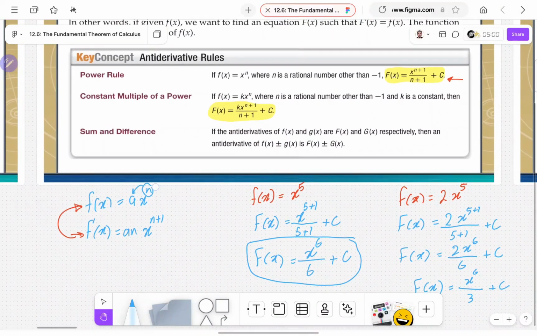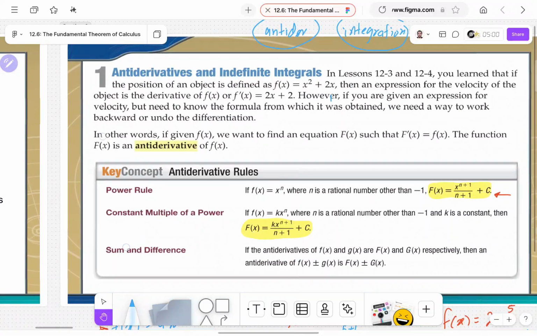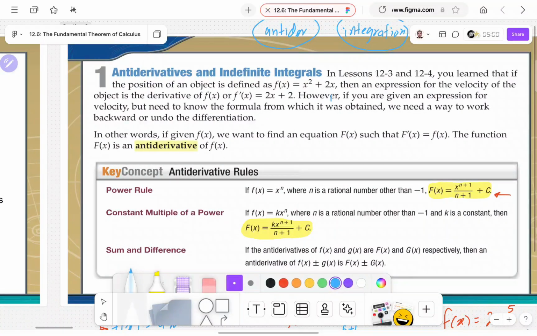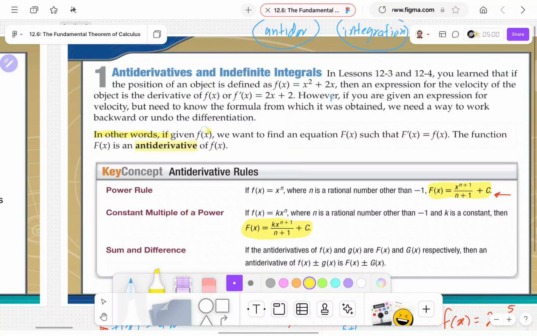This is how we can identify the antiderivative or the integration, which is the same idea. Sometimes the book or the question gives you small hints and you need to pay attention to them. See the letter f in f of x? It's a small letter, not a capital.